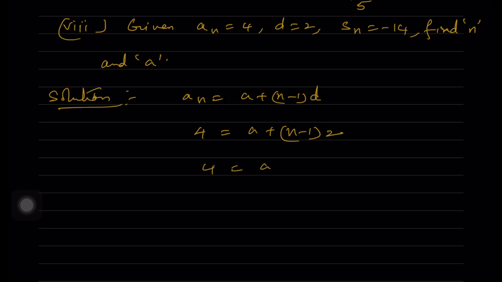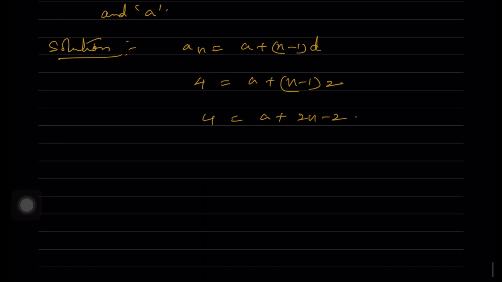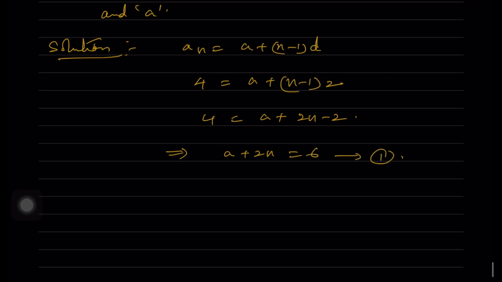So you are going to get it as 4 is equal to a plus 2n minus 2. So bring 2 this side. A plus 2n is equal to 6. Getting this as the first equation. Next equation is, now we have Sn is equal to n by 2 into 2a plus n minus 1 into d.